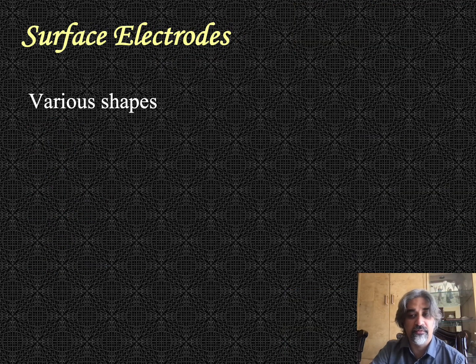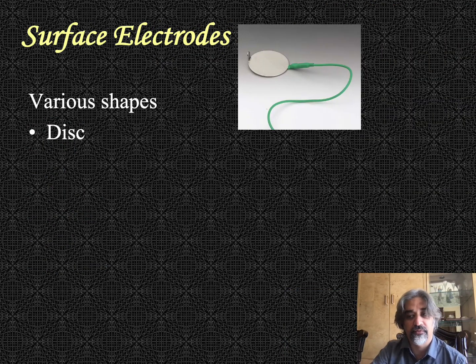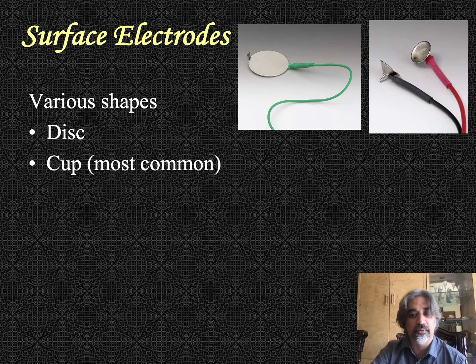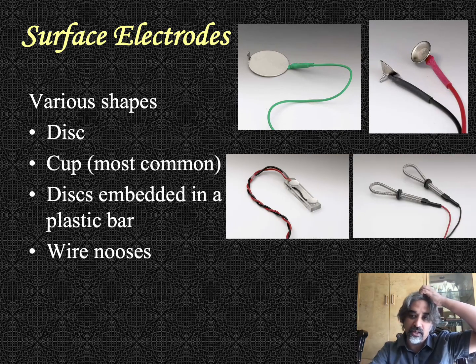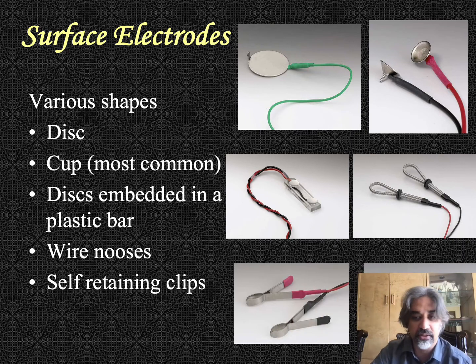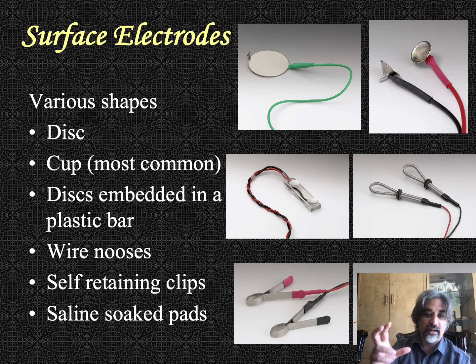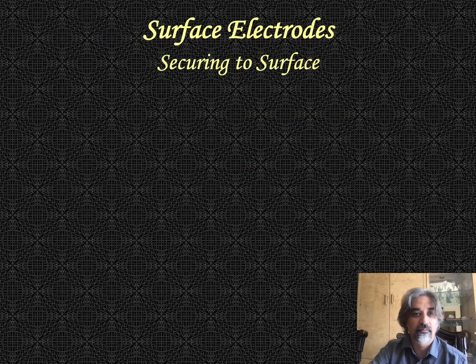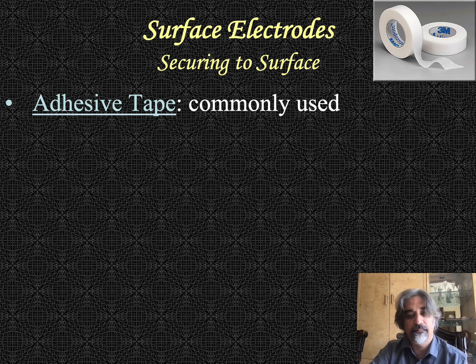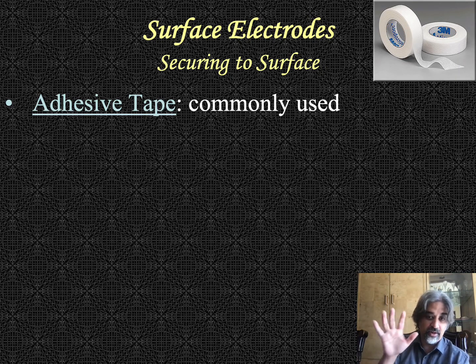They can be a variety of shapes for different regions of the body, including discs embedded in plastic bars, self-retaining clips, adjustable wire nooses, or saline-soaked felt pads. Really, this is just for accessing a certain part of the body better. It's really important to have the electrode adherent to the body to get a consistent signal.